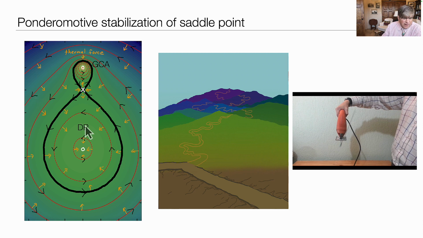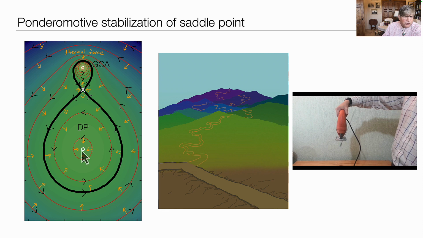It's kind of interesting that you end up having, therefore, an O point at the origin. You have this X point. Both of these are associated with the guiding center atom motion. Then you have the O point and an X point at infinity associated with the drifting pair motion.